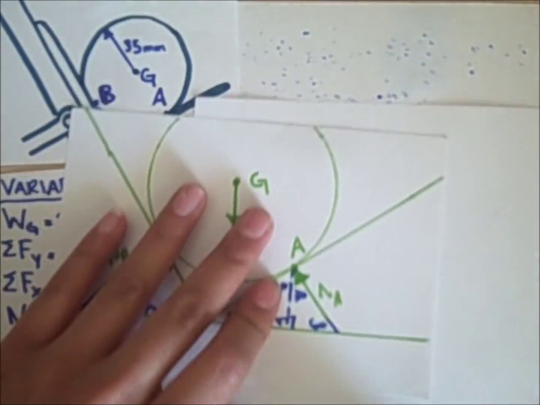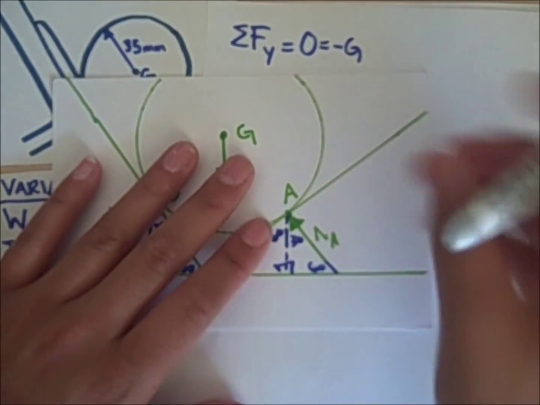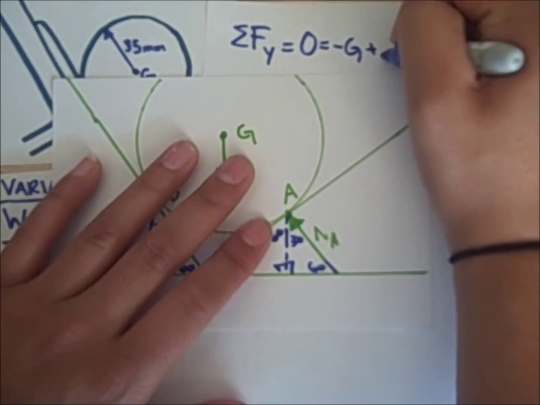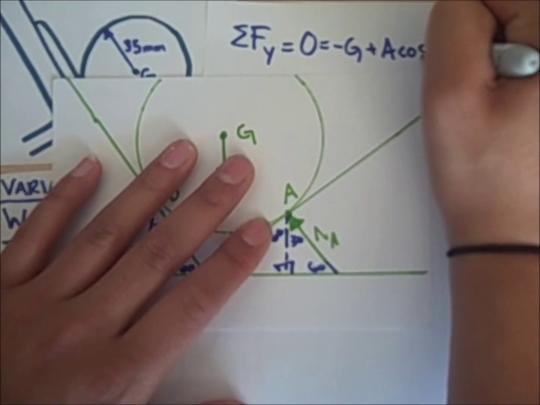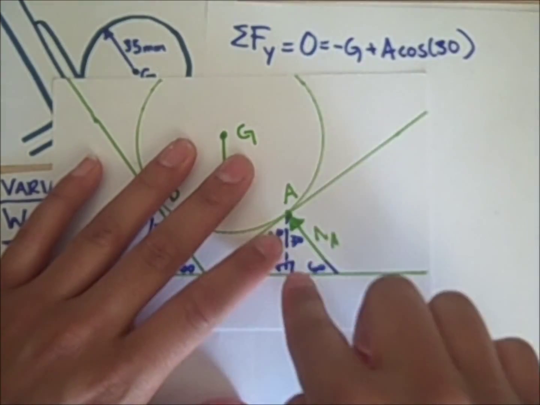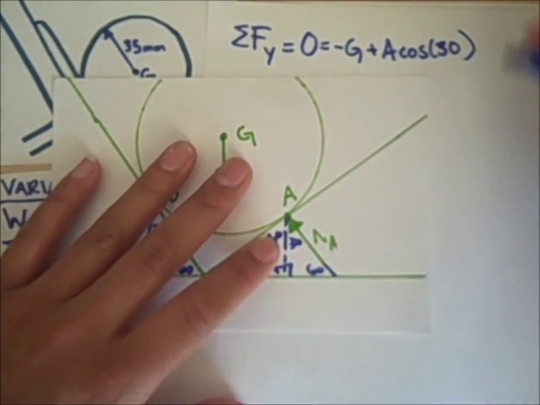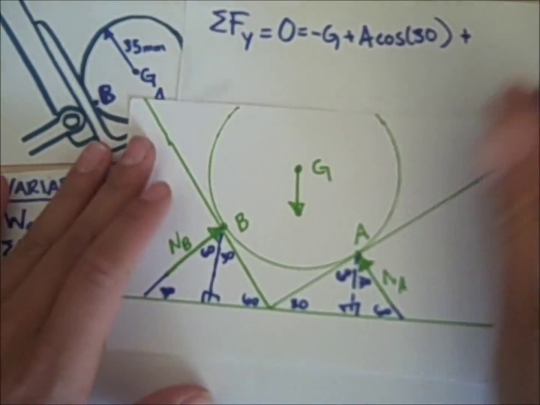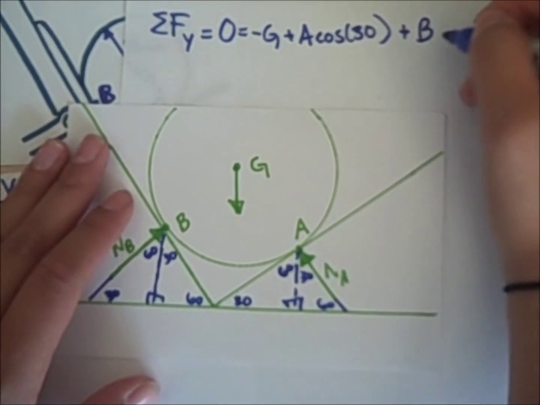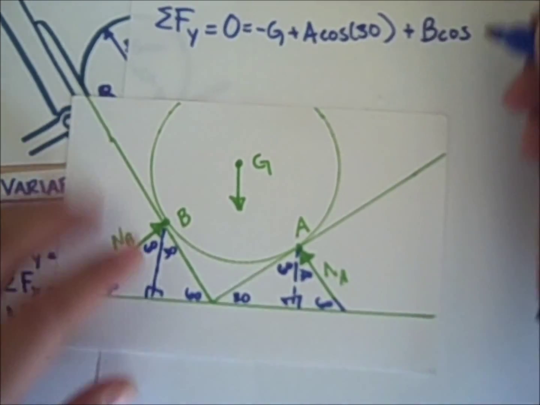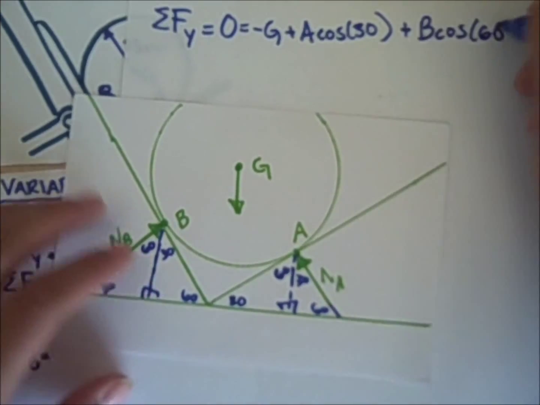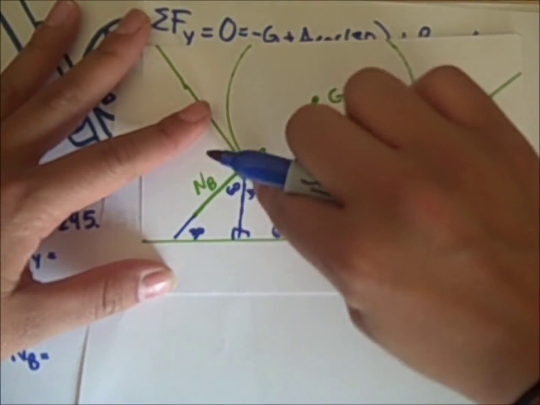In order to find that y, it's going to be plus A cosine of 30, and then plus B cosine 60. And that's finding this one right here.